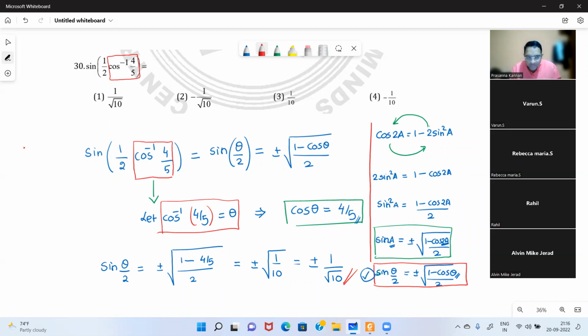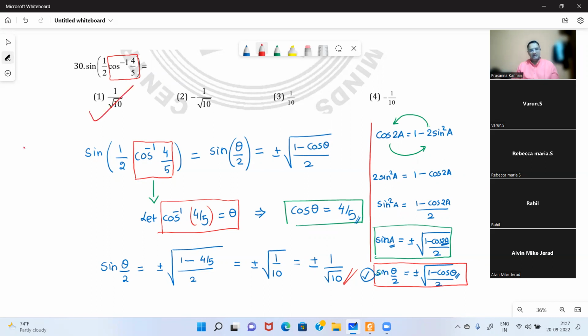Correct or not? If the angle theta is there, then theta by 2 will be from 0 to pi by 2. Therefore, it is in first quadrant only. First quadrant means, will you get a negative or positive answer? Positive. Therefore sin theta by 2 will be equal to only plus 1 by root 10 and not minus 1 by root 10. Understood?